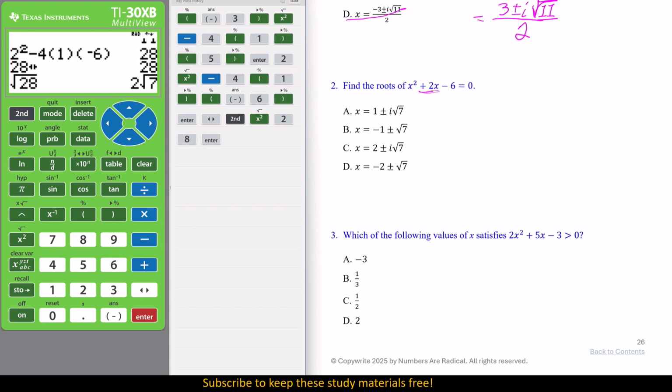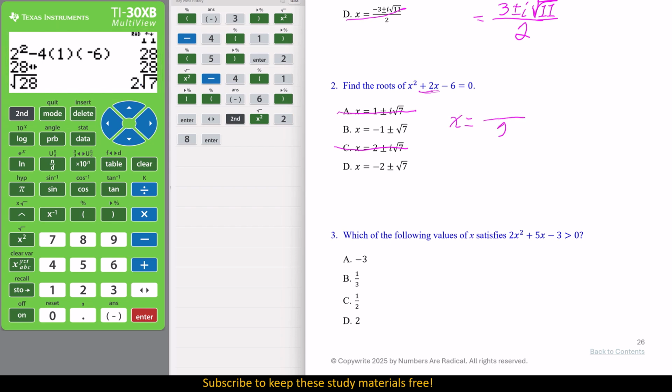Okay, so what do I know? I know that A is complex, but our equation is not complex, so I can get rid of A and C. Now, let's take a look. My calculator gives the discriminant as equaling 2 square roots of 7. So quickly do a little setup.